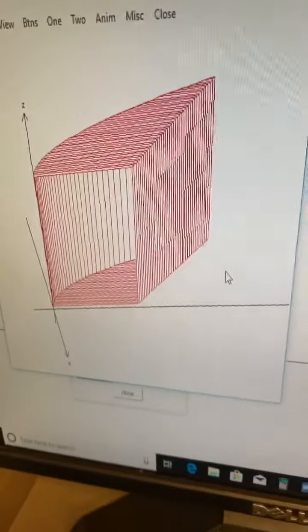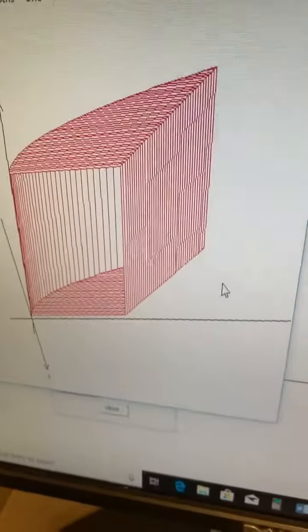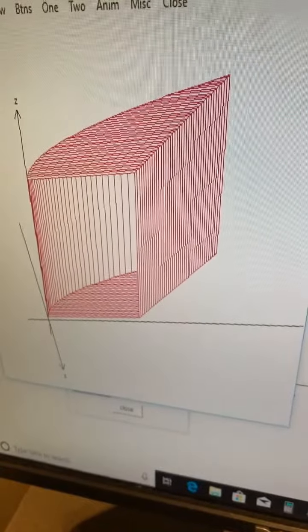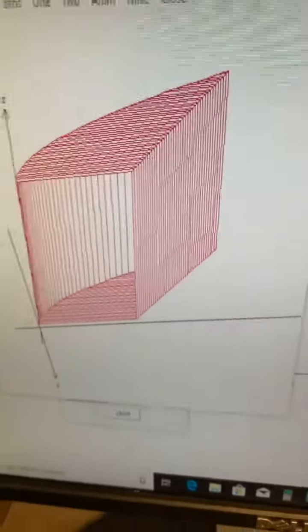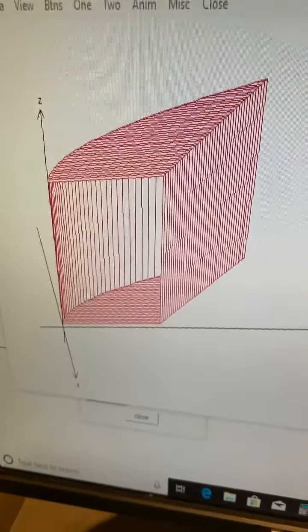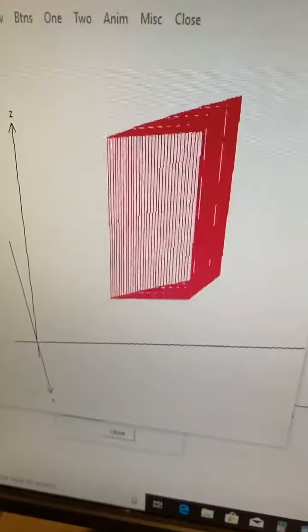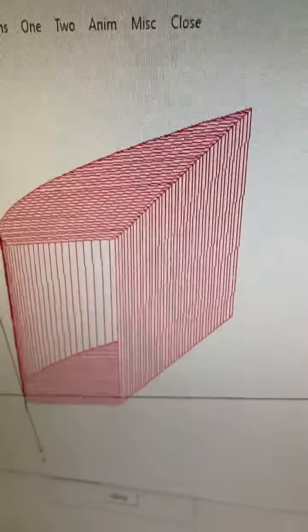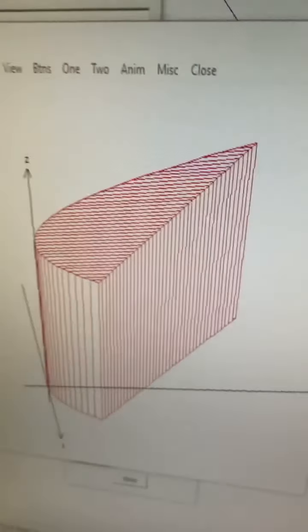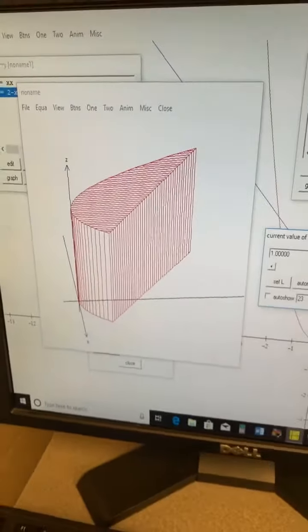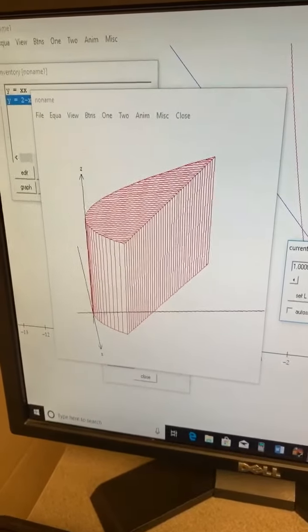And there's your rectangle. So every time I peel back a rectangle, I know the area of that rectangle. I know the area of this one, that one, that one, and I know the area of every last one of these rectangles. Every time I do this, I'm calculating until I get to the end, and now I have a volume. That's what this looks like with a cross section that's a rectangle.